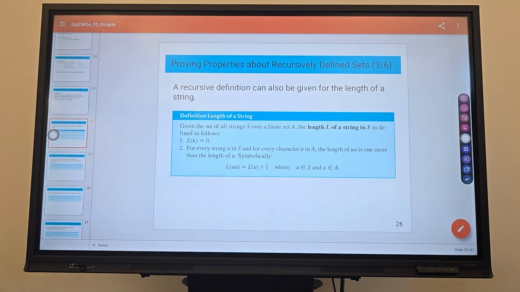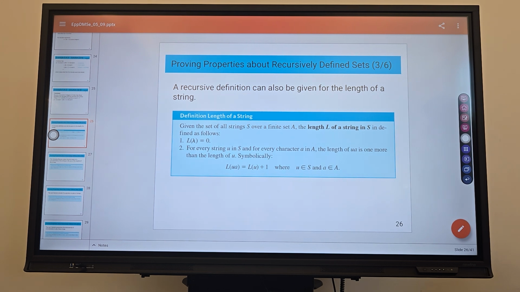A recursive definition can also be given for the length of a string. Definition of the length of a string: given the set of all strings S over a finite set A, the length L of a string in S is defined as follows. Length of lambda equals 0.